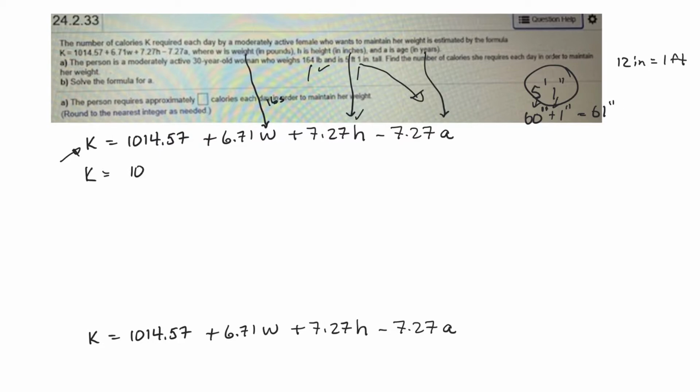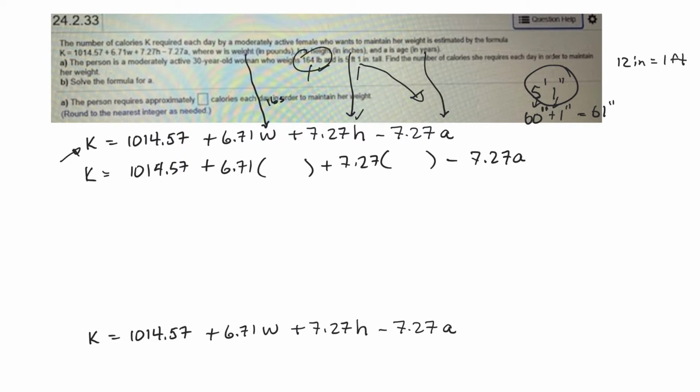When I use a formula, I like to write the whole thing out, and wherever there's a variable or a number that I have to plug in, I just initially put a bracket in, minus 7.27A. Okay, so the weight, what's the weight?